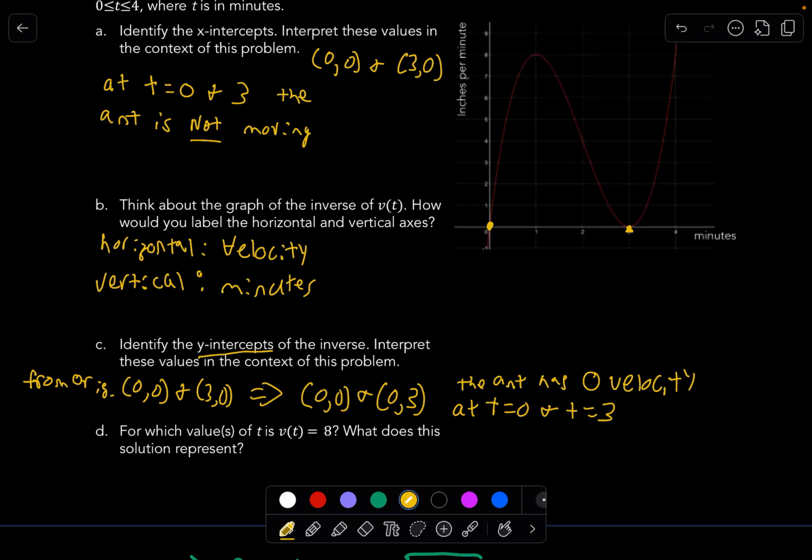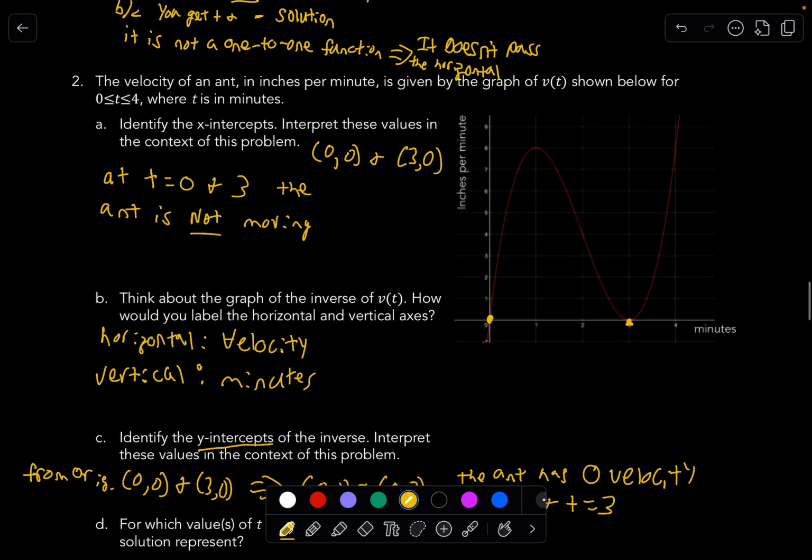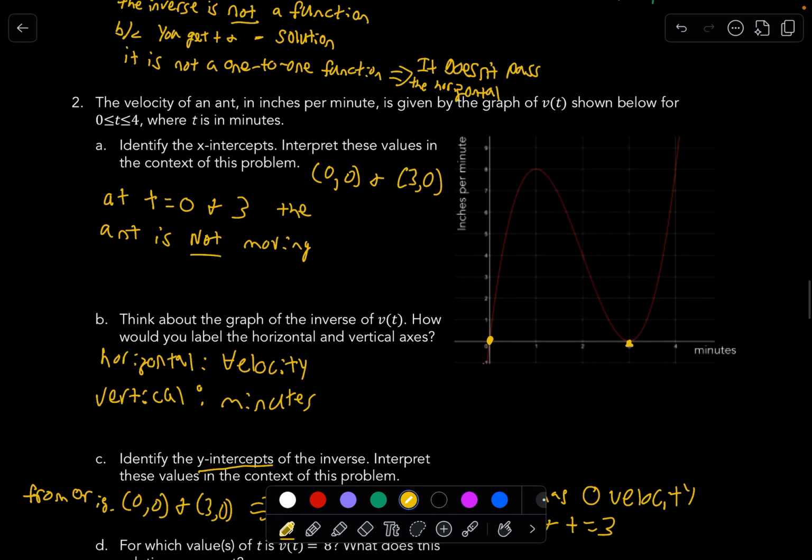Then the last question, for which values of t is v of t equal to 8, what does this solution represent? Well, to do this, you look at the original graph, you find out where 8 is, and it's a little blurry, but 8 is right here. And it's right there. Oops, it's a little off. But I think you can tell that that's 8 right there.